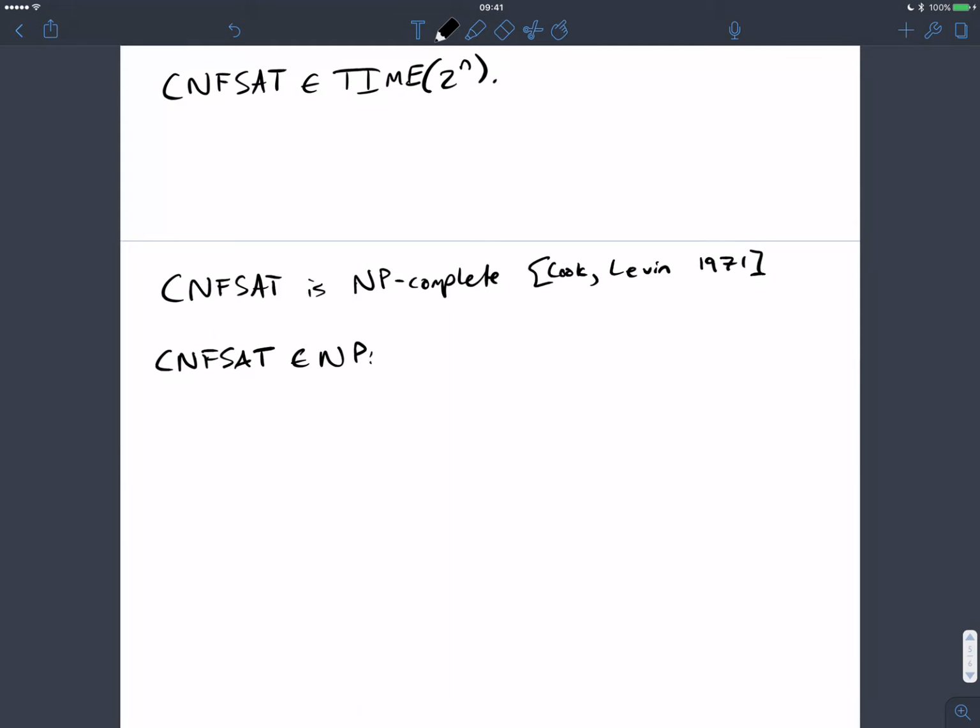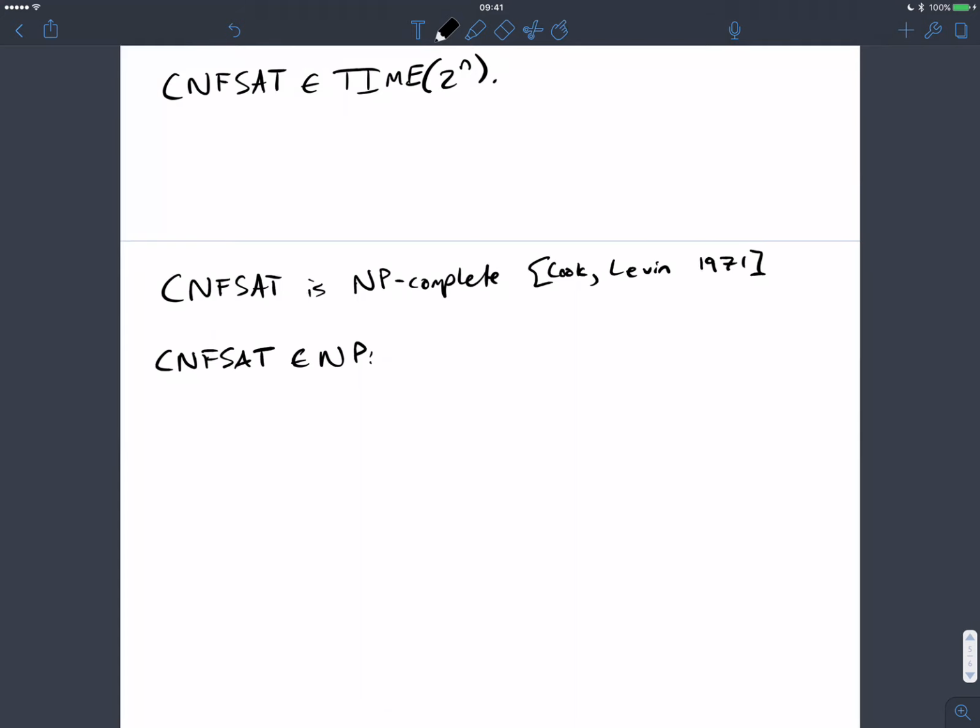What would be a certificate for this problem to figure out whether the formula is satisfiable or not? Well, one such way is a satisfying assignment. So if I am told, set the first variable to be true, set the second one to be false, third one to be true, then how do I verify whether that assignment makes the formula true?